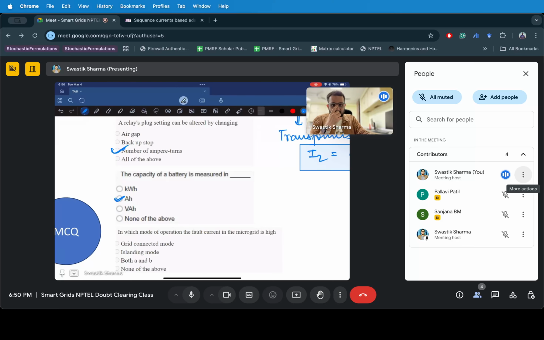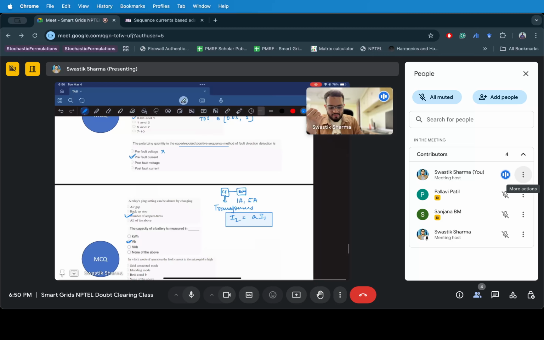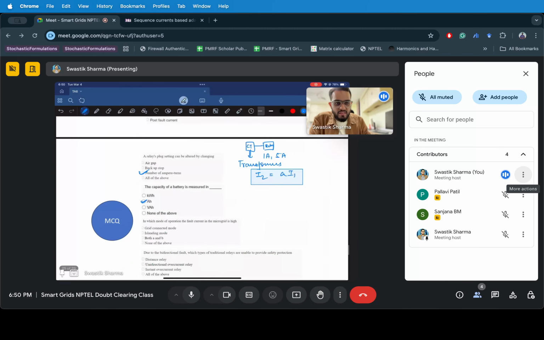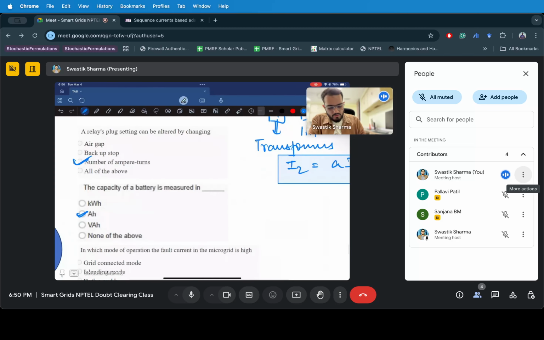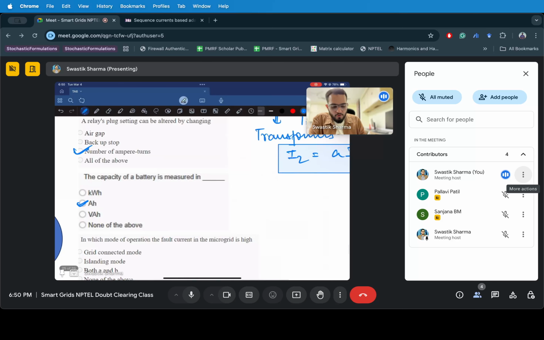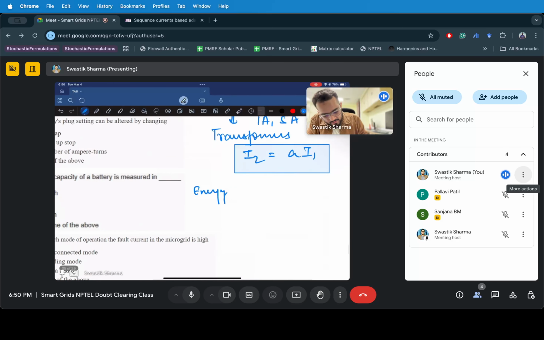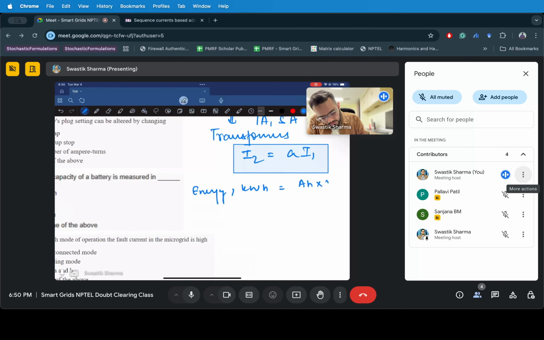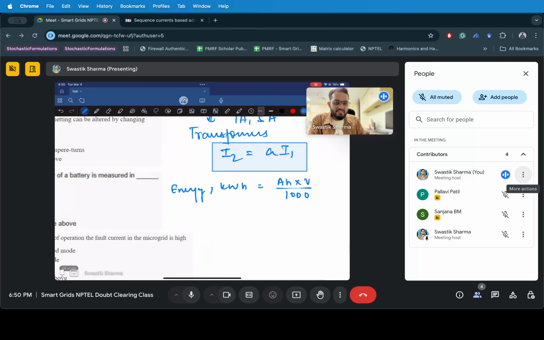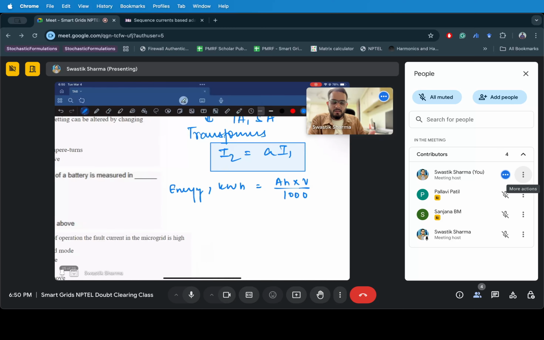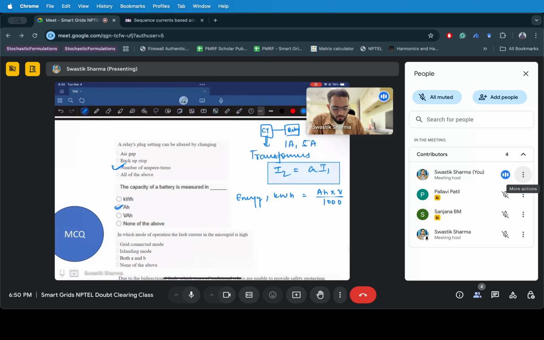When the manufacturer specifies the battery's capacity, it specifies it in terms of the ampere current that it holds. Why is that? Because energy is a derived quantity, nothing but Ah times voltage divided by 1000. If the voltage changes, the energy it stores will also change.